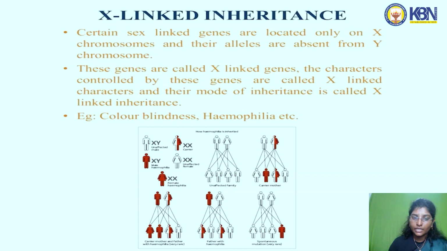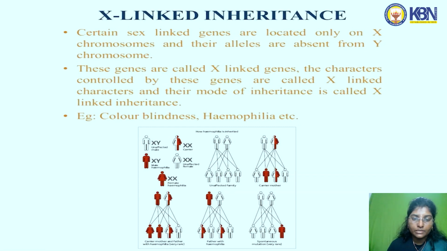Examples of X-linked inheritance are color blindness, where some people cannot see colors like red and green, and hemophilia. First, let us learn the symbols in these diagrams. XY is a male and XX is a female.